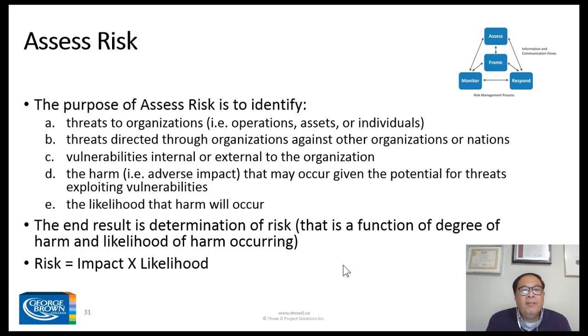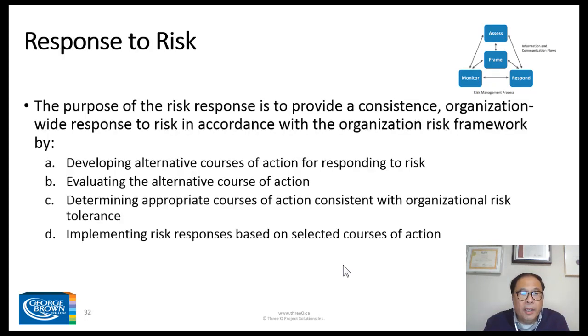Okay, so the end result is the determination of risk. That is a function of the degree of harm and the likelihood of harm occurring. Risk is equal to impact times likelihood. So that's something that I mentioned earlier.